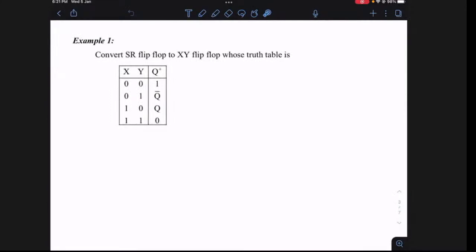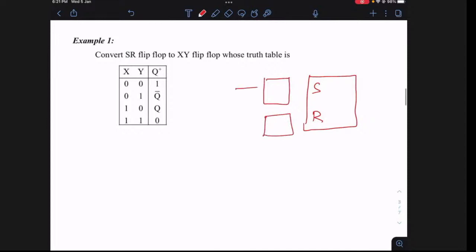The question is: convert an SR flip-flop into an XY flip-flop. What is the meaning of it? That means I have an SR flip-flop, and I have to convert this SR flip-flop into an XY flip-flop. So you have to use some circuitry, some combinational circuit here and here.